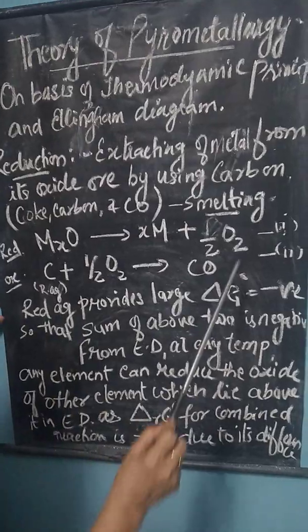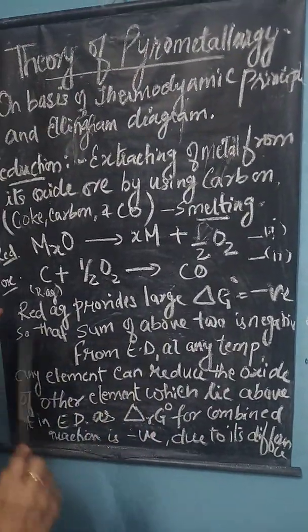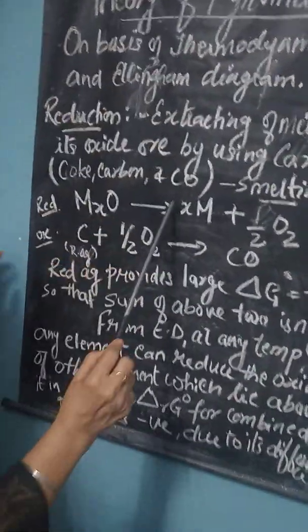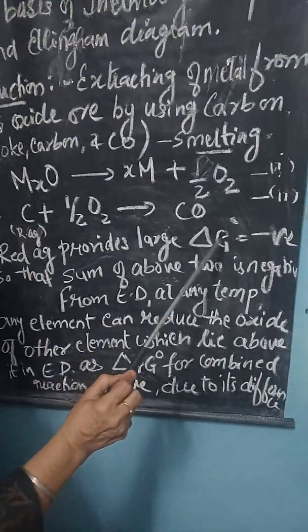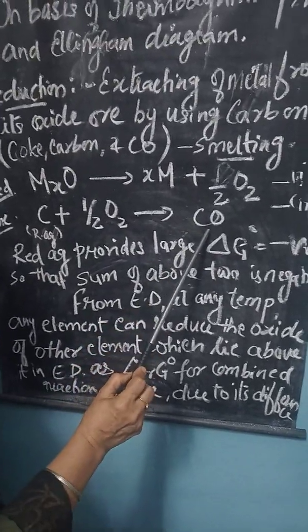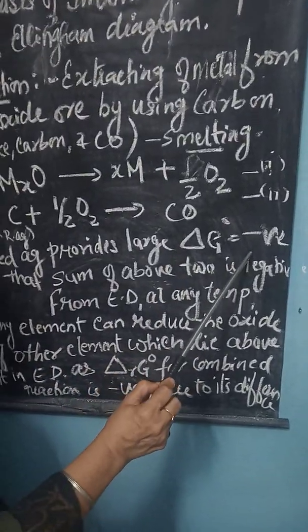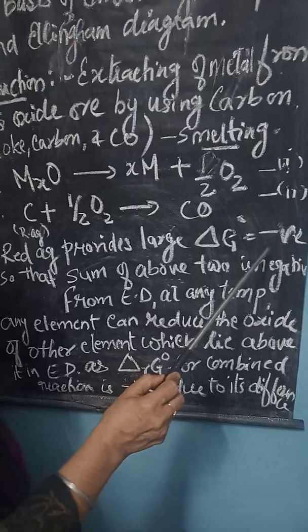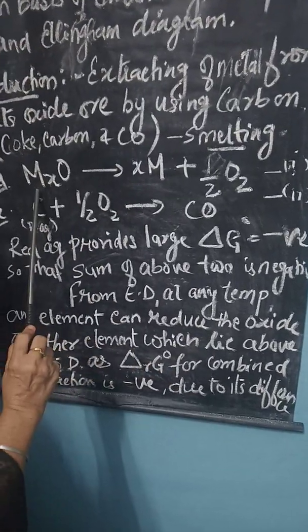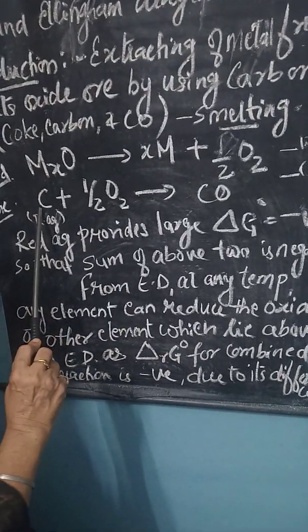Now, in this reaction process, the total of combining the two, that is delta G, Gibbs free energy, if you see the Gibbs free energy of combining the two, it should always be negative. Now, how does it come to be negative? It is because of this reducing agent carbon.